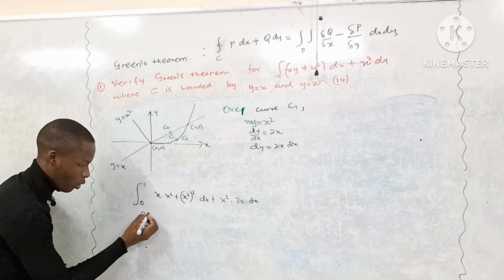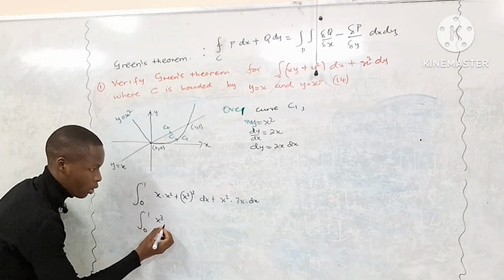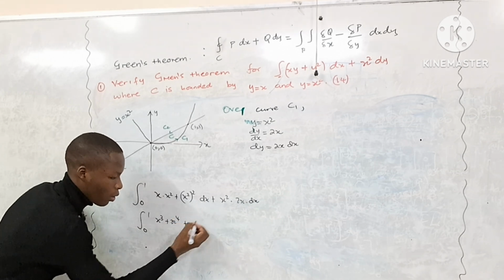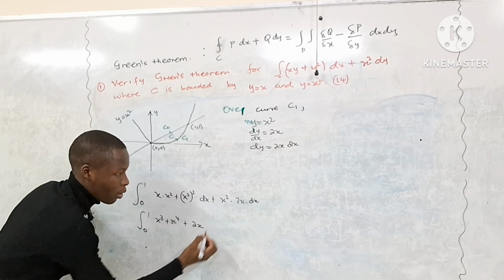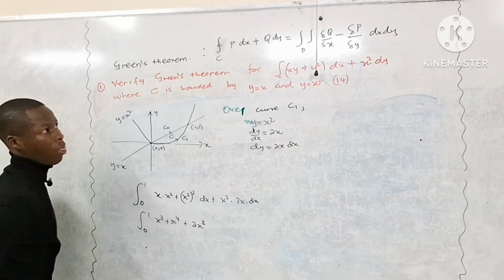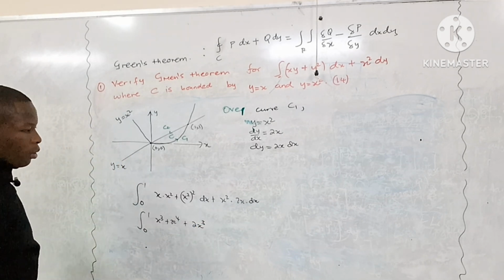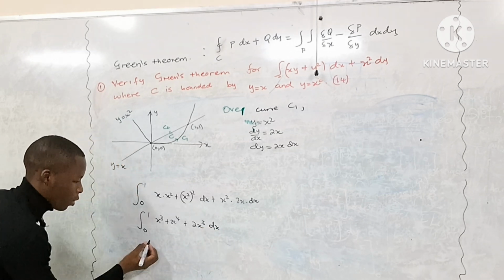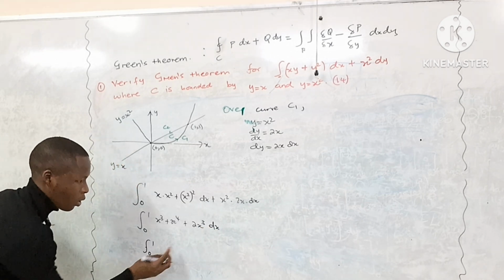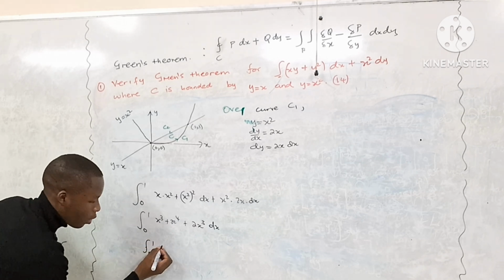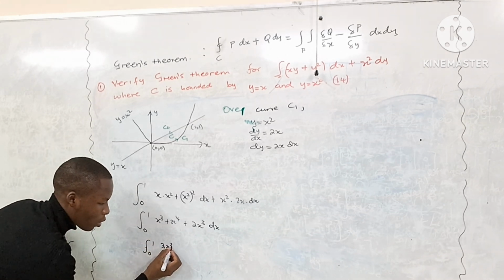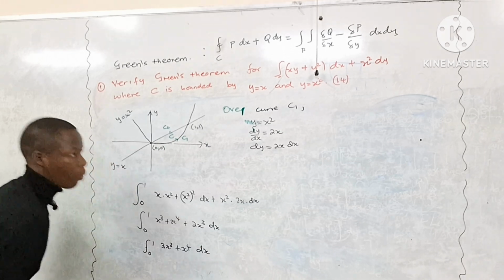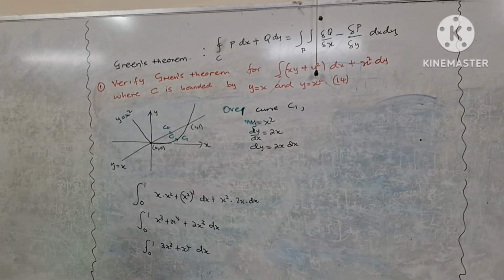The integral from 0 up to 1, x cubed plus x to the power 4 plus 2x to the power 3 dx. This becomes the integral from 0 up to 1 of 3x cubed plus x to the power 4 with respect to x.